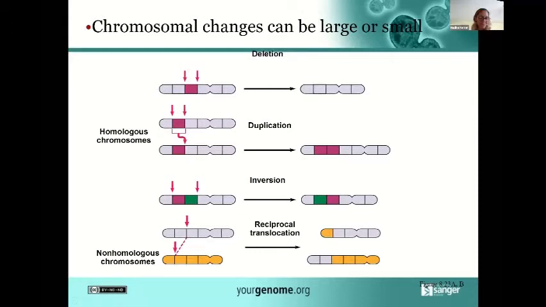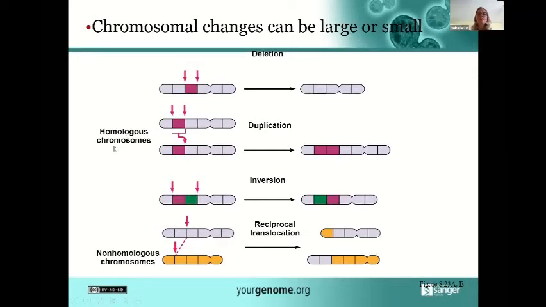So these are the different types of mutations. These are your chromosomes here. You could have a deletion. You can see here, this chromosome has changed because a whole gene has been deleted. You can get duplication.